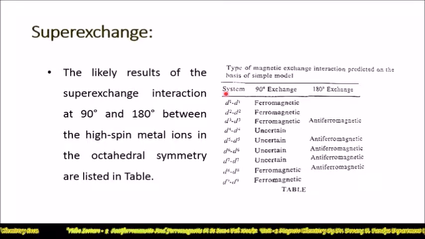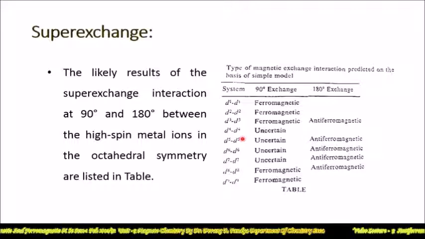So you can see lower d orbitals will demonstrate ferromagnetic behavior. In d3 you find both ferromagnetic and antiferromagnetic behavior. d4 is uncertain. d5, 6, 7 are uncertain for 90 degree exchange, and for 180 degree exchange they demonstrate antiferromagnetism.